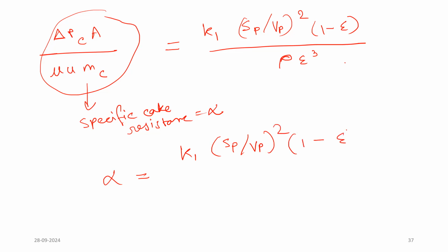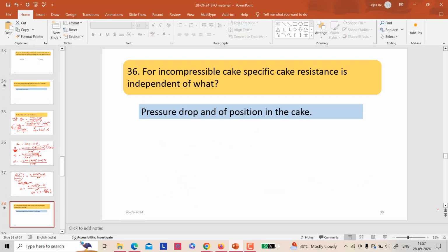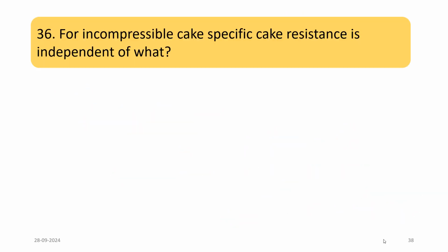So for incompressible cake, specific cake resistance is independent of pressure drop and position of the cake. Okay. Next.